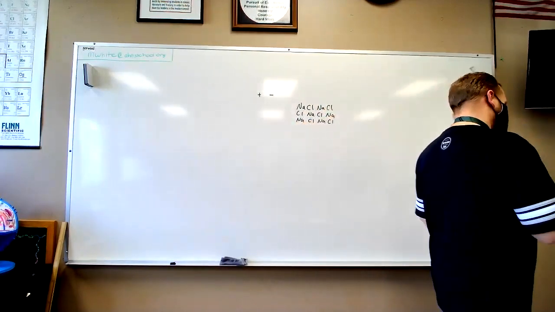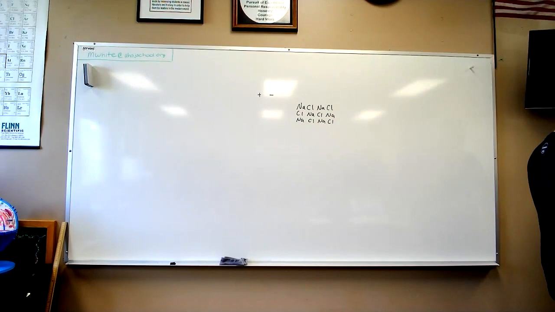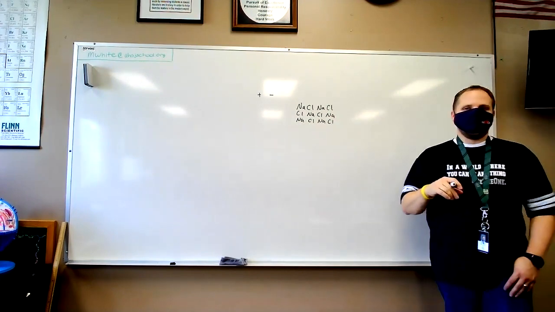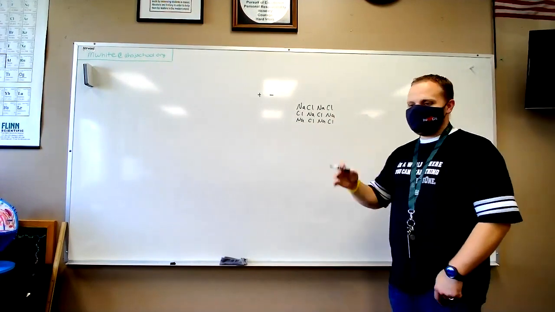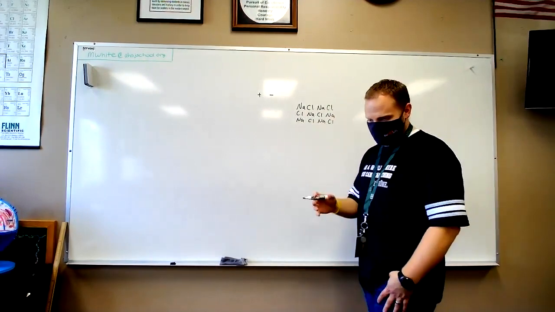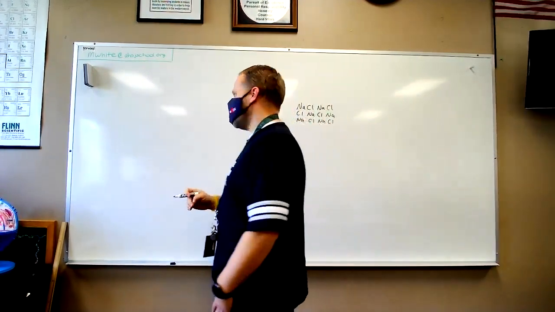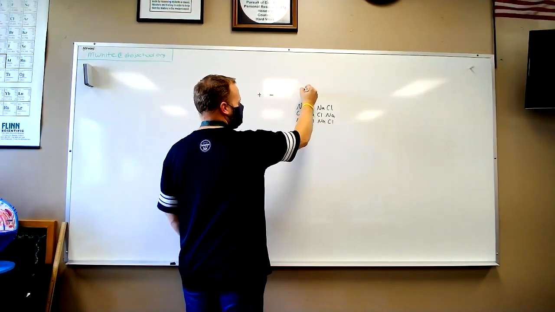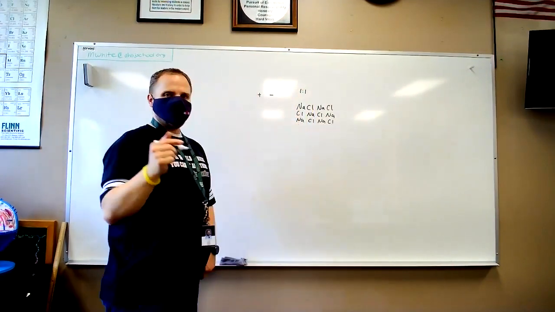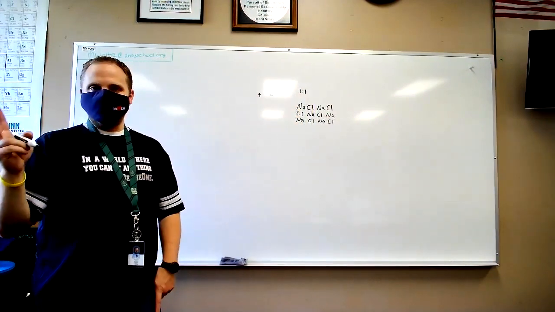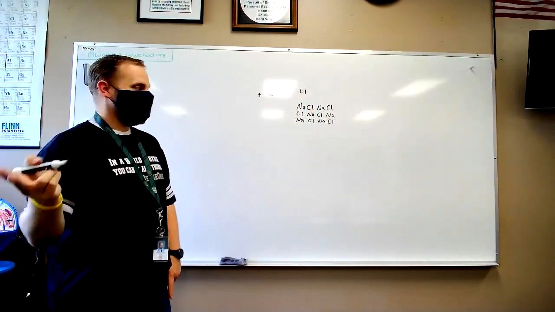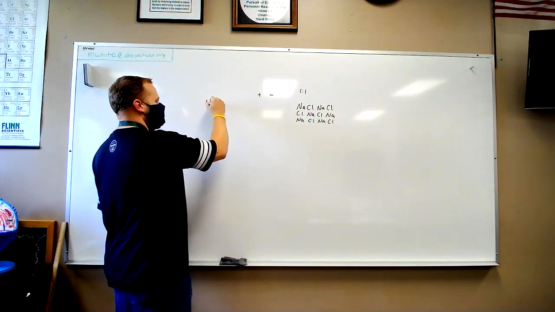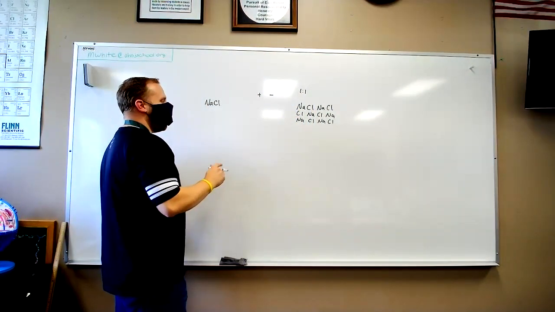But when we talk about them, we want to talk about it in the simplest ratio possible. And this, as you can see, is a 1-to-1 ratio, right? For every sodium, we get 1 chlorine. That's why when we write it, it's just like that.